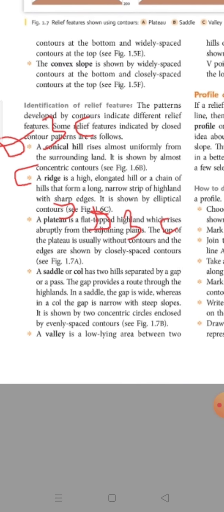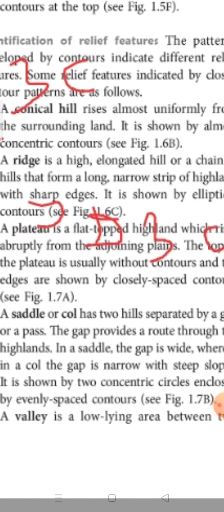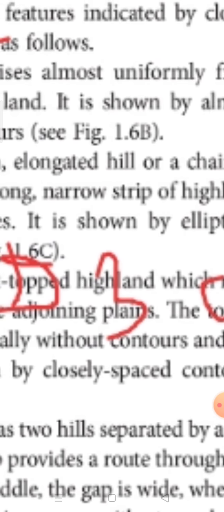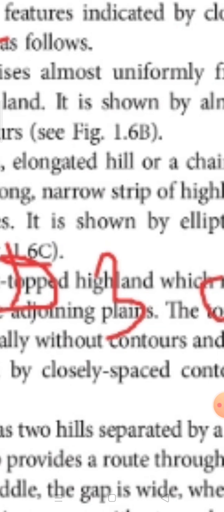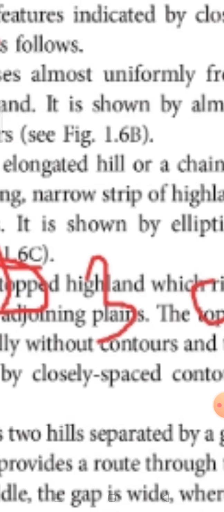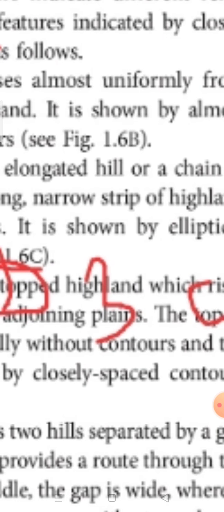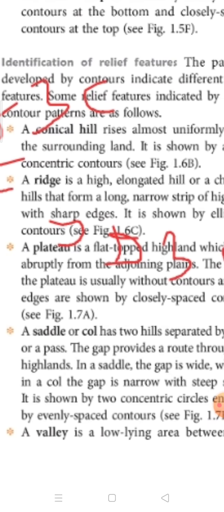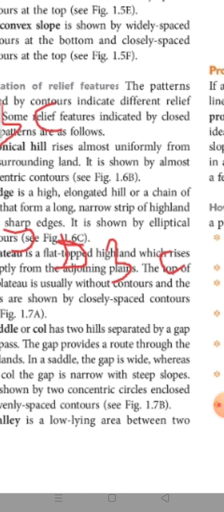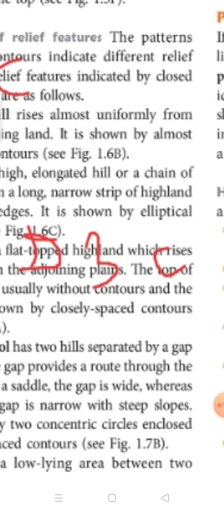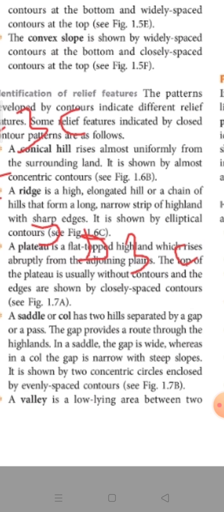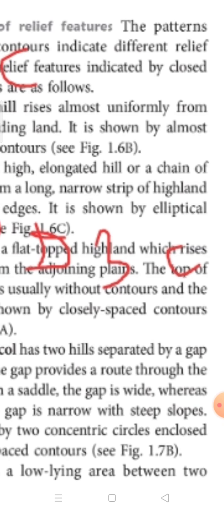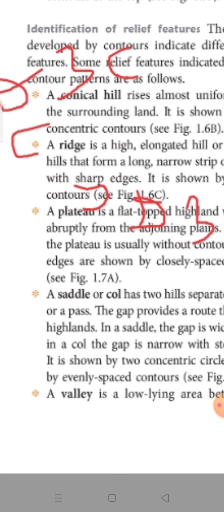Then a ridge is a high elongated hill or chain of hills that form a long narrow strip of highland with sharp edges. It is shown by elliptical contours.